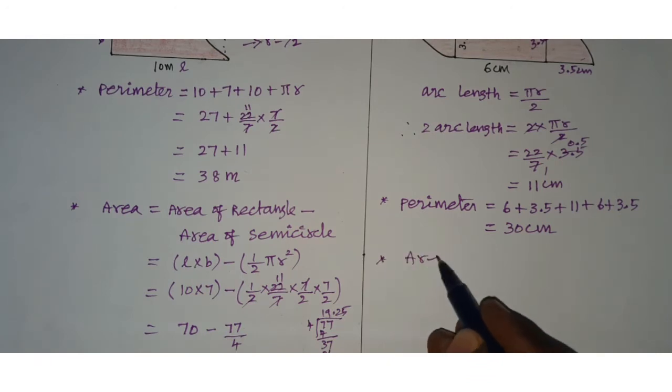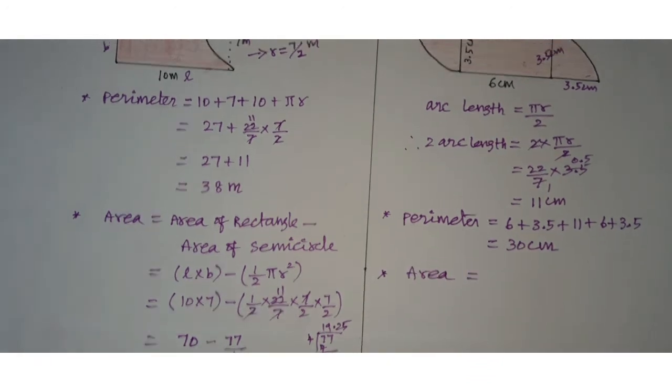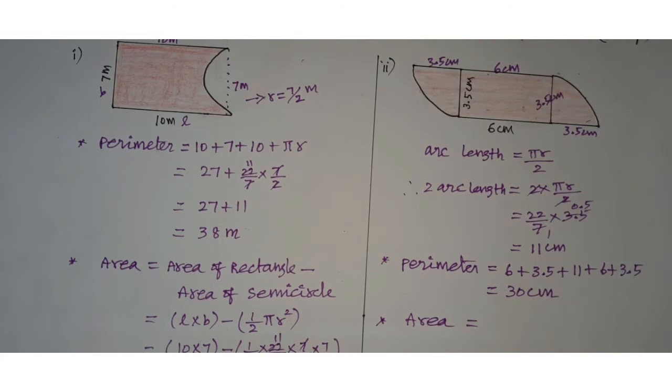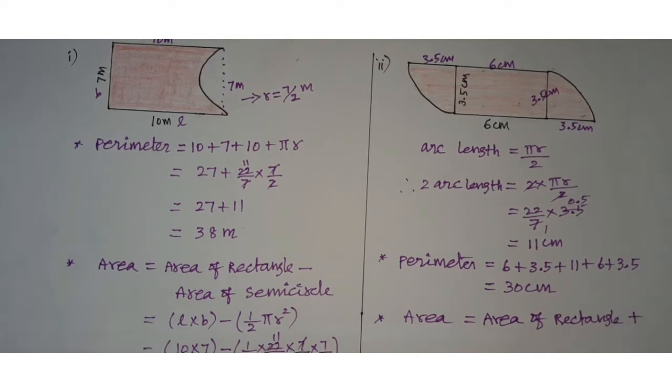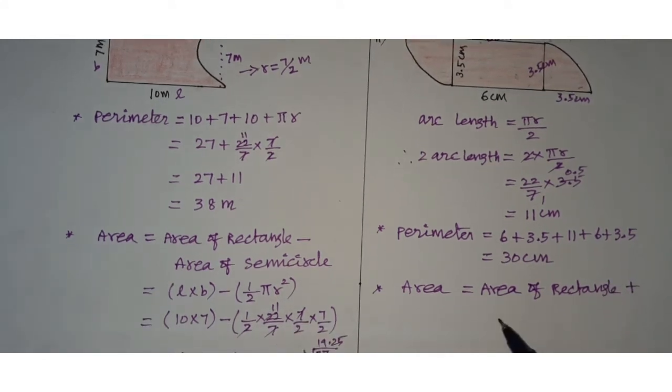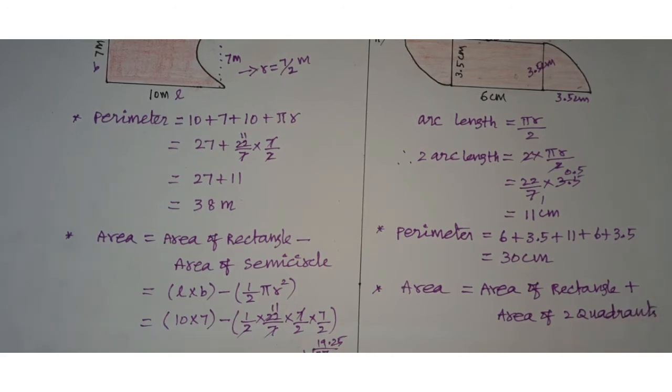Now area. Here this figure, this diagram is a combination of a rectangle and two quadrants. Okay. So area of rectangle plus here we have to add. Okay? Plus area of two quadrants. So 2 quadrants equal to 1 semicircle, we know very well. Okay.